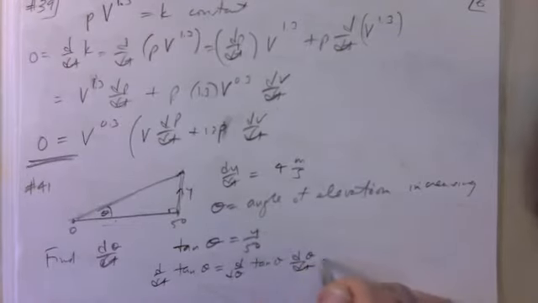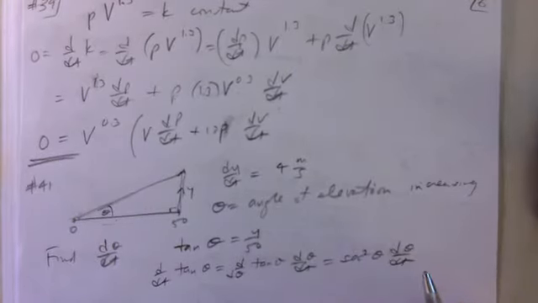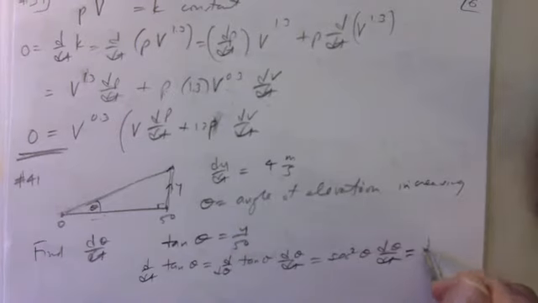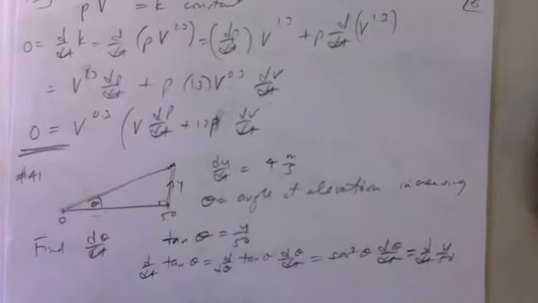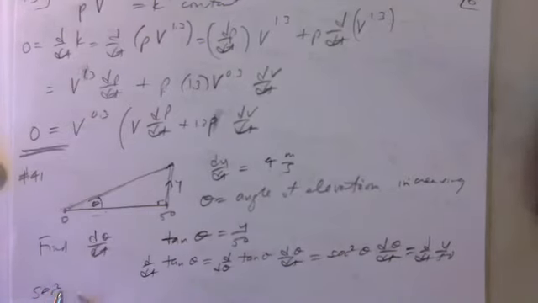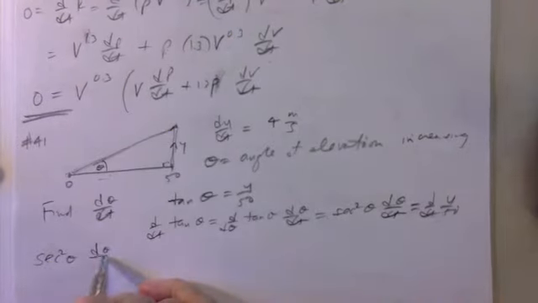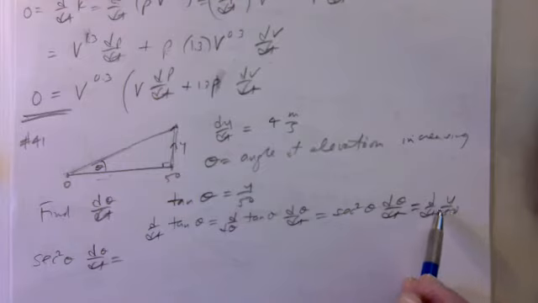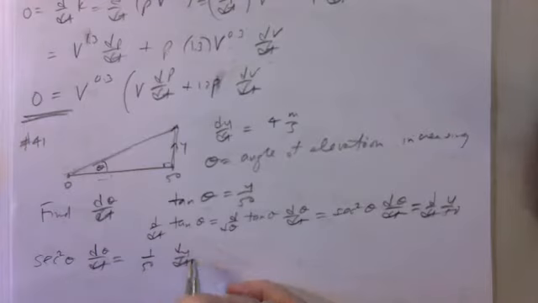The derivative of the tangent is the secant squared. On the other hand, tangent theta is y over 50, so that is the derivative with respect to t of y over 50. So what we get is secant squared theta d theta/dt is y over 50 with derivative with respect to time, 1 over 50 dy/dt.